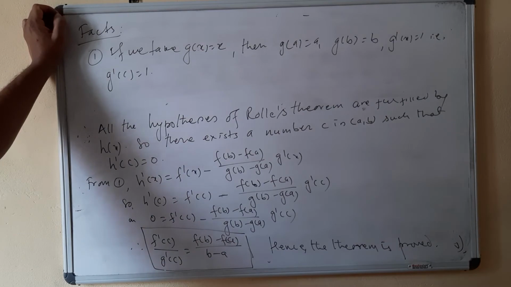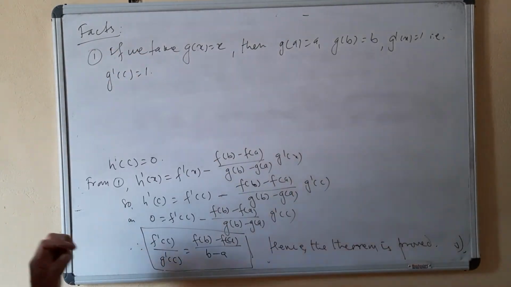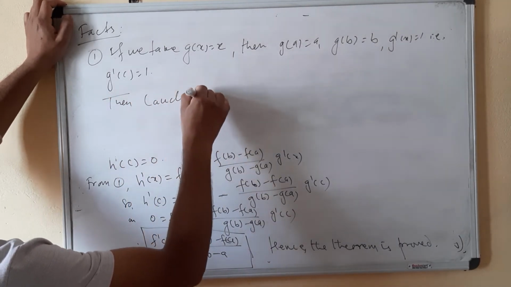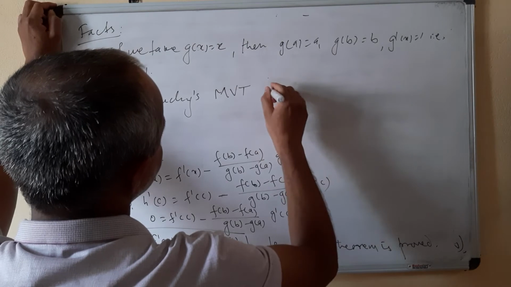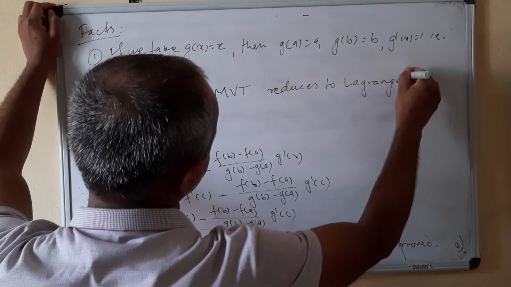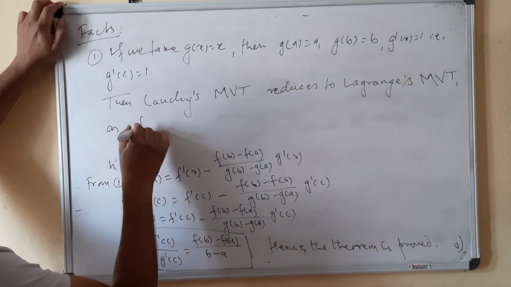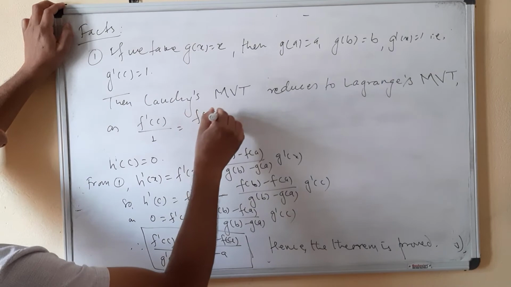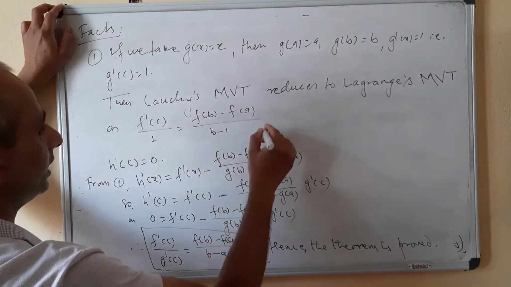Then what happens? Then Cauchy's mean value theorem reduces to Lagrange's mean value theorem, as f'(c) upon g'(c), meaning f'(c) over 1, equals (f(b) minus f(a)) upon (b minus a).